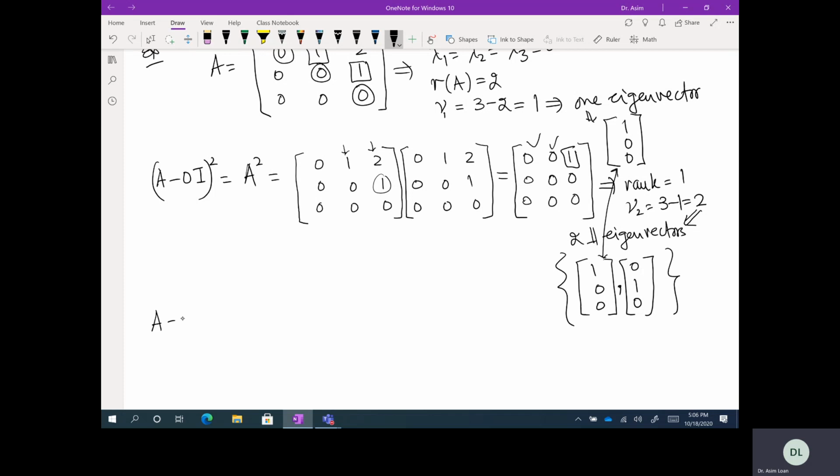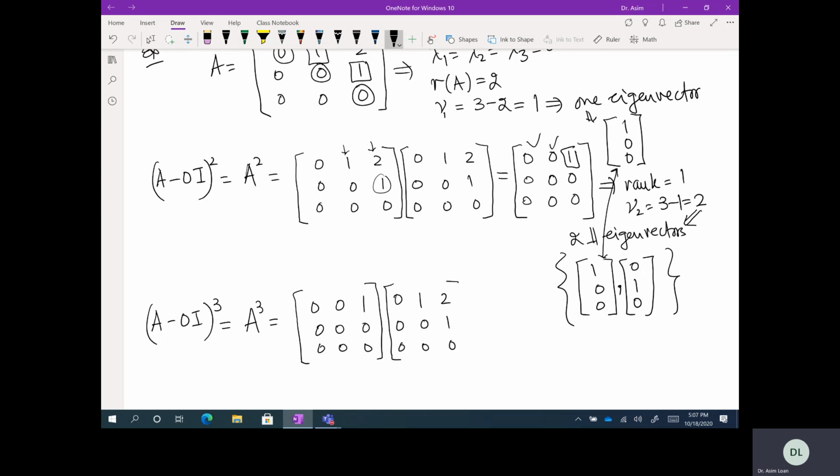So let's do A minus 0 I cubed, which is A cubed, which is equal to A squared, which is 0, 0, 1, 0, 0, 0, 0, 0, 0. It doesn't make a difference whether you do A squared times A or A times A squared. This is 0, 1, 2. This is much easier. So 0, 0, 1, 0, 0, 0.